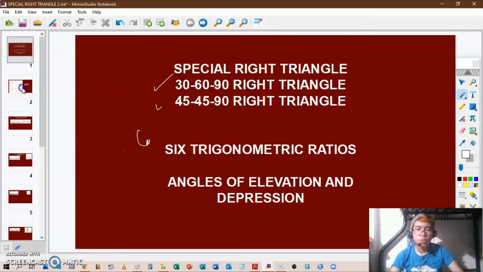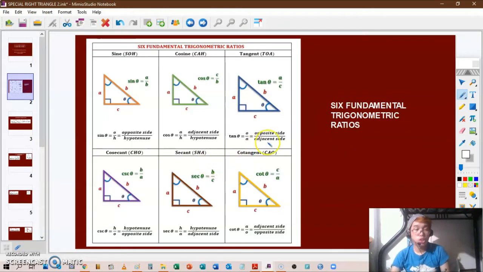Okay, so from the word trigonometric, trigonometry, the study of the properties of triangles, we're going to dive deep into trigonometry. Well, not that deep, but we're going to try to analyze the basics of trigonometry in light of the 6 fundamental trigonometric ratios.